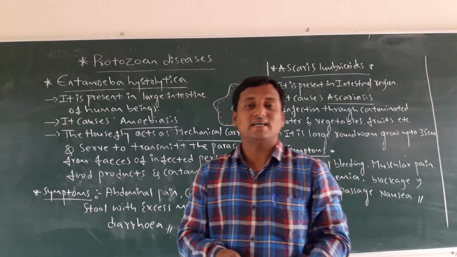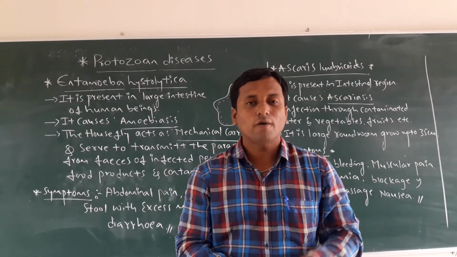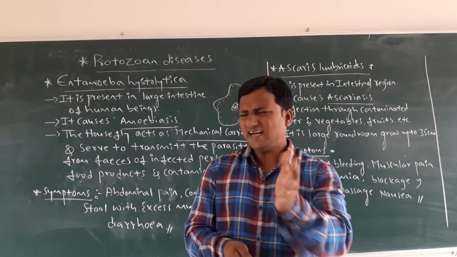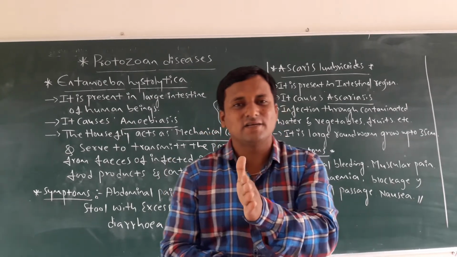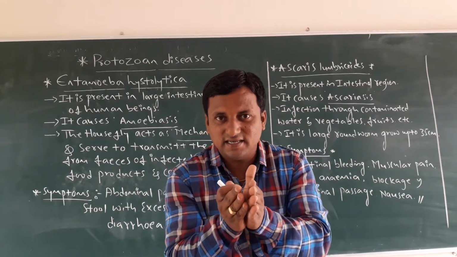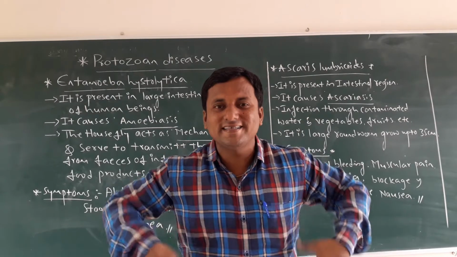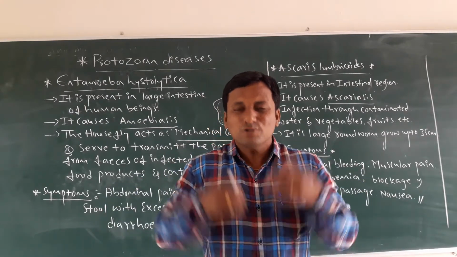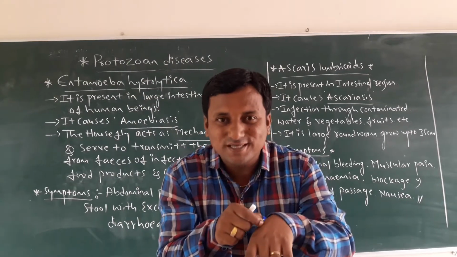The first is ectoparasites and the other is endoparasites. Ectoparasites, spelled E-C-T-O, are parasites present outside the body of organisms, for example on the head or attached to the skin.